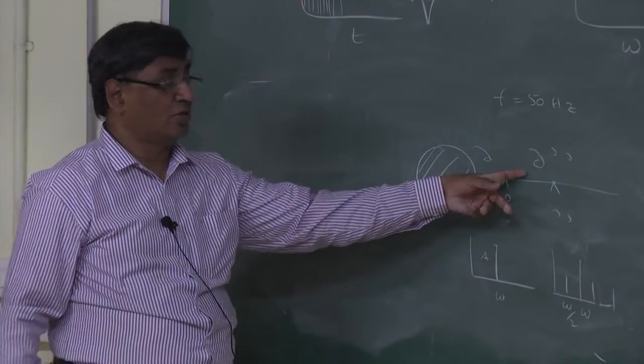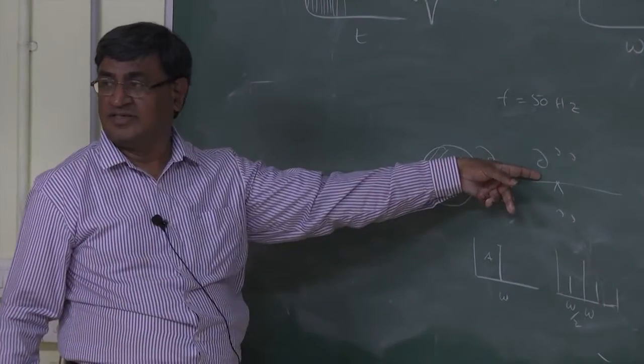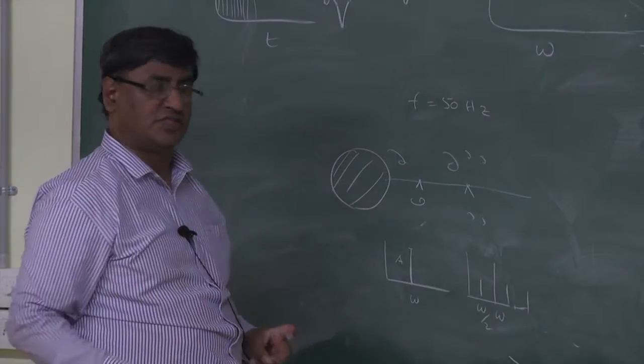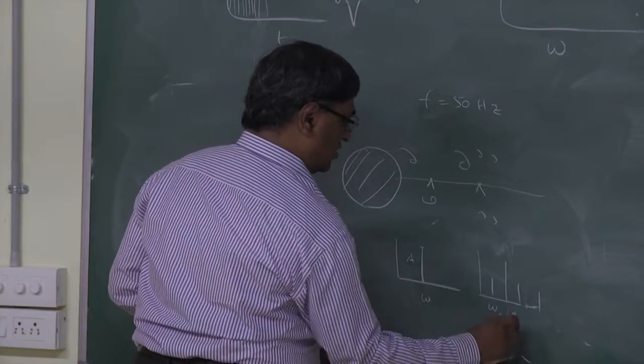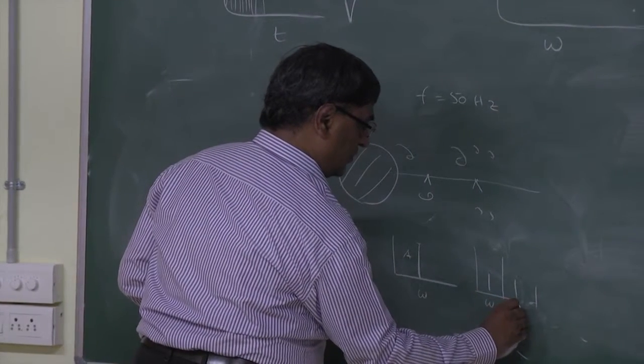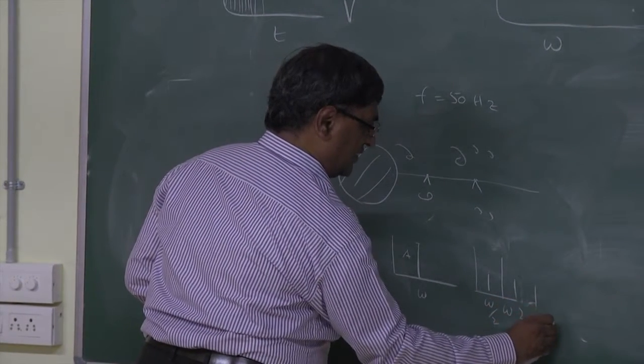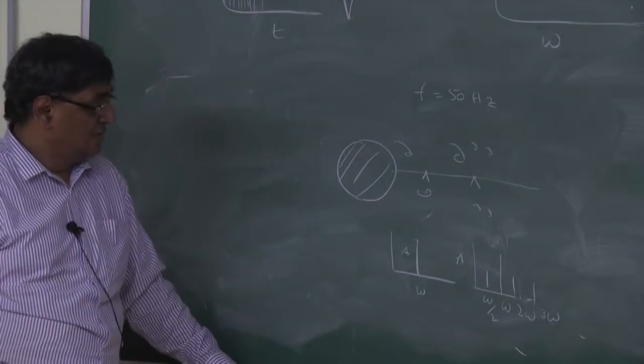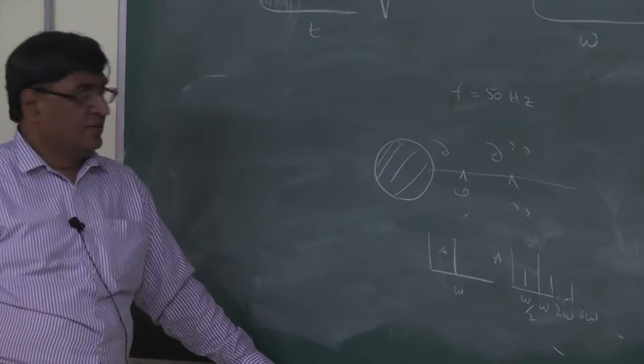How did that omega by 2 come about? These two combine to form this larger eddy. I may also have this splitting into smaller ones and so on. So I may get omega, 2 omega, 3 omega, etc. So amplitude may be given as a function.